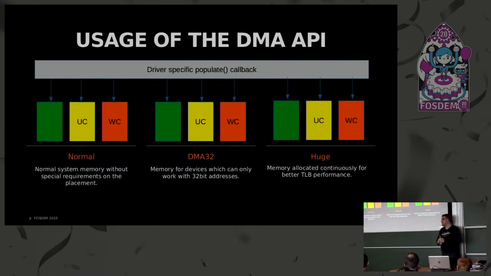Usage of the DMA API. What you see here is the organization of those page pools. So you have a page pool for normal system memory, which has again normal cached pages, normal uncached pages, normal write combined pages.